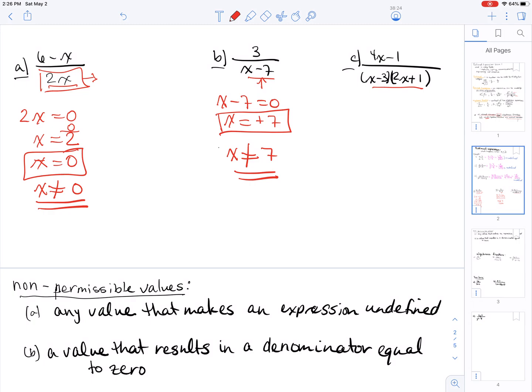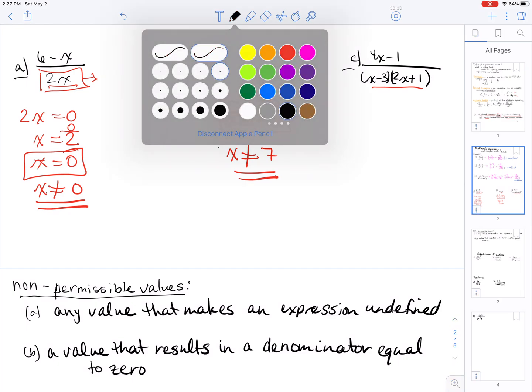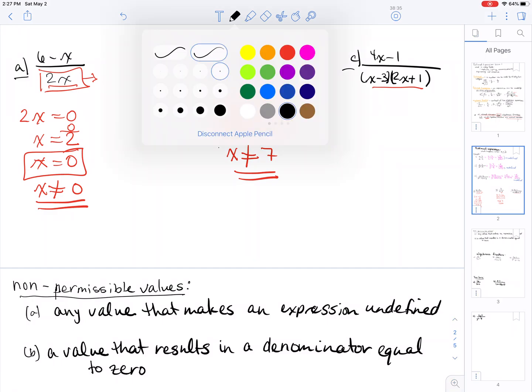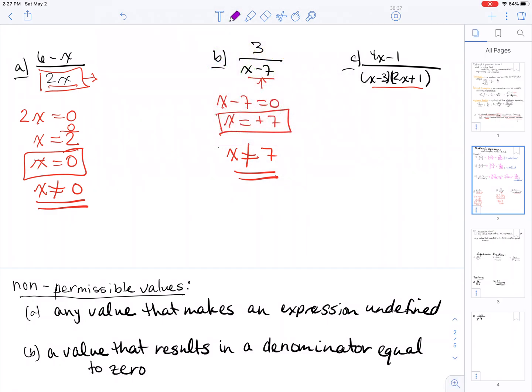Let's look at C. C is a little bit different in the fact that we have 2 different factors. So let's isolate each factor individually. So the first one, x minus 3. We'll set that one to 0. And when we isolate out x, x equals positive 3. So in the first one, x cannot equal 3.